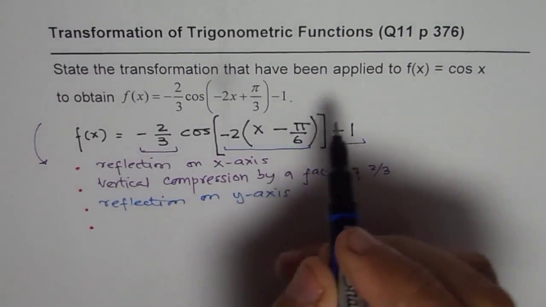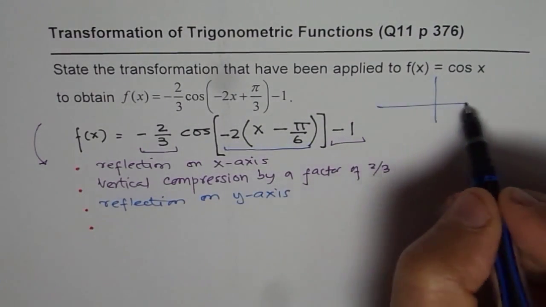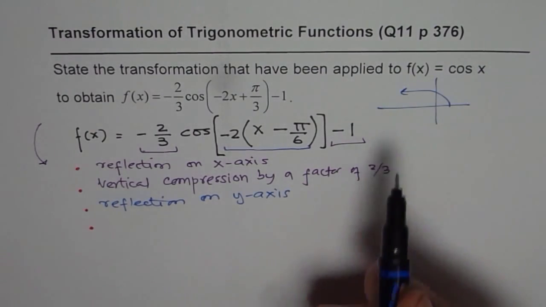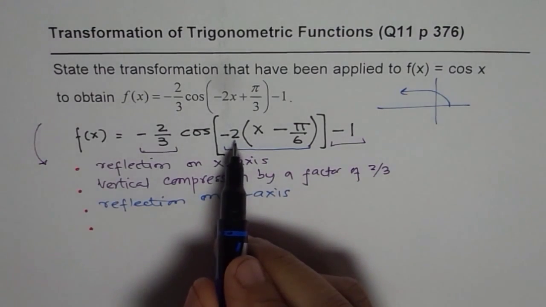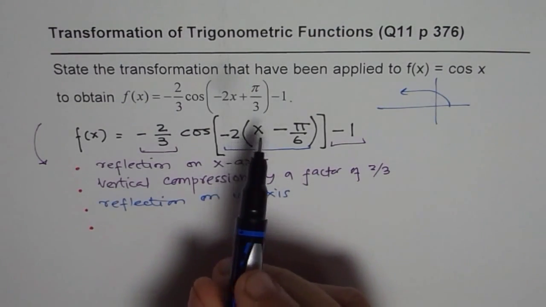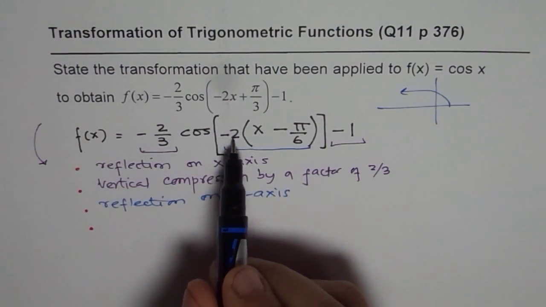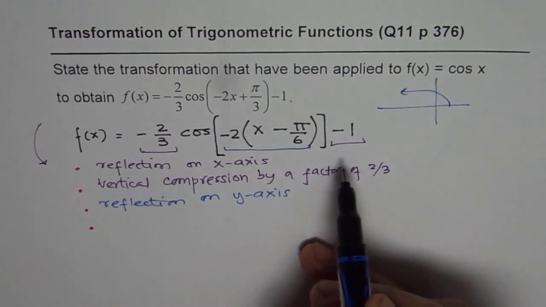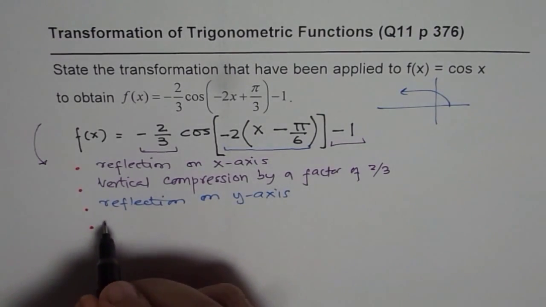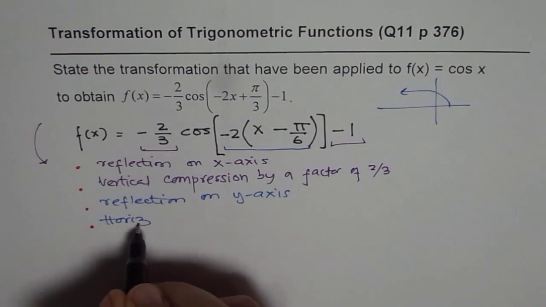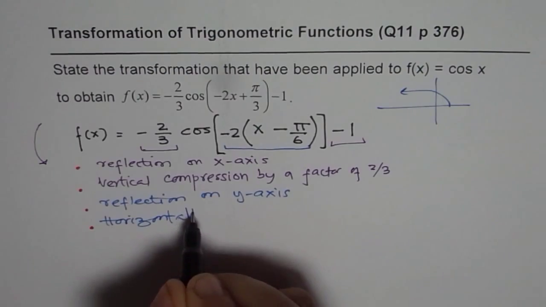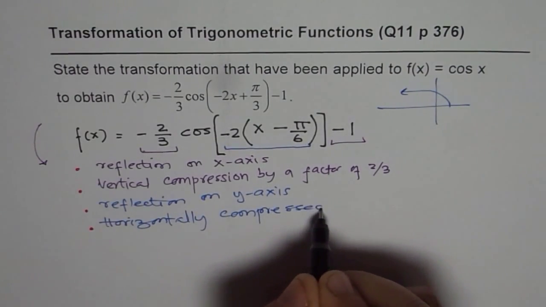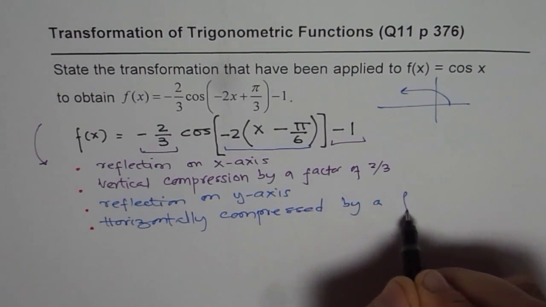So it is horizontal if the wave is reflected like this, reflection on the y-axis. The number 2 here is the k value, which says that there will be 2 waves within a period of 2π. That means everything has been shortened to half, so that means horizontally compressed by a factor of 1/2.